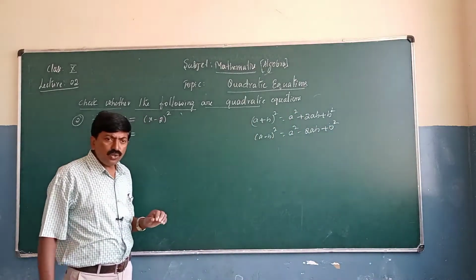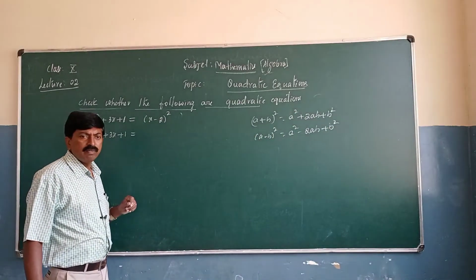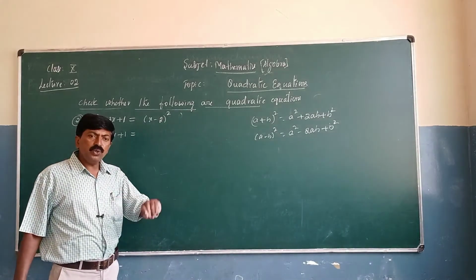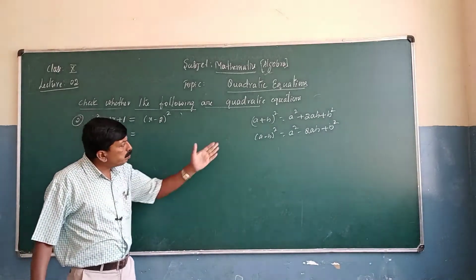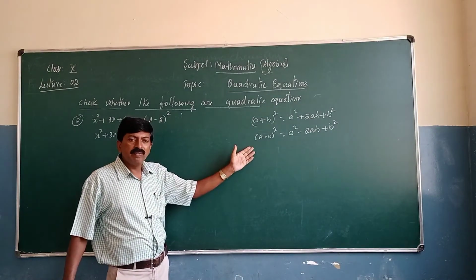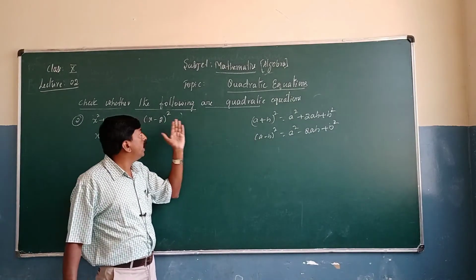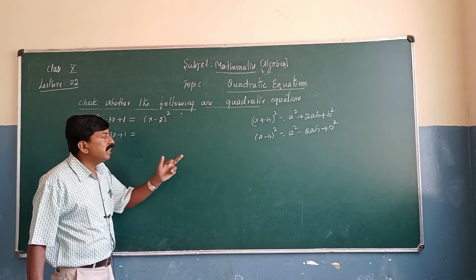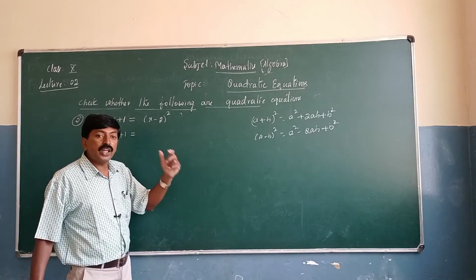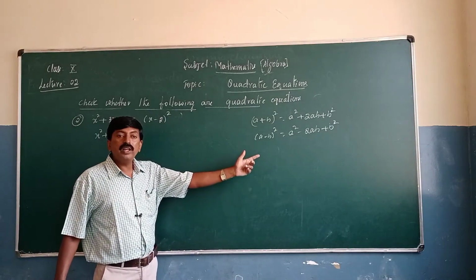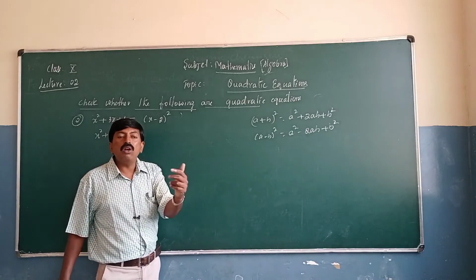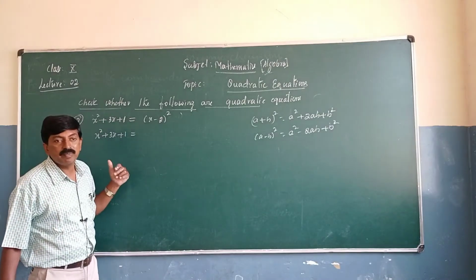Observe these two squares of a binomial. Which identity can we use here? Either first one or second one? Yes, we have to apply the second identity. You can bear in mind, you can recognize that identity. Identities will help you to solve the problem very easily.